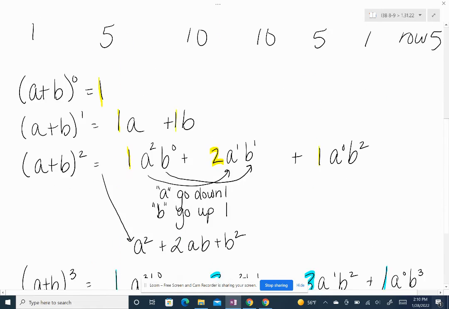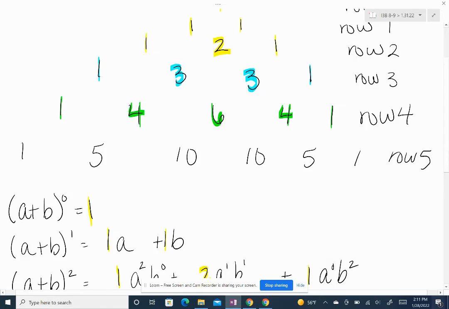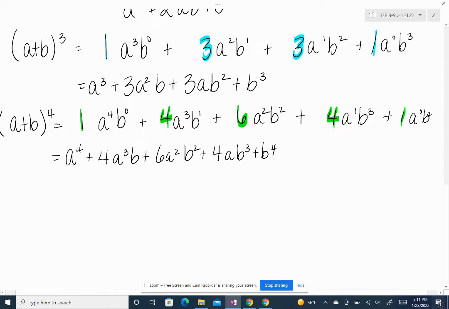I should have enough room to do, I'll try to do the last one. Be tight. Okay. So I'll try to write small. A plus b to the power 5 equals something a5 plus something a4 plus something a3 plus something a2 plus something a1 plus something a0.